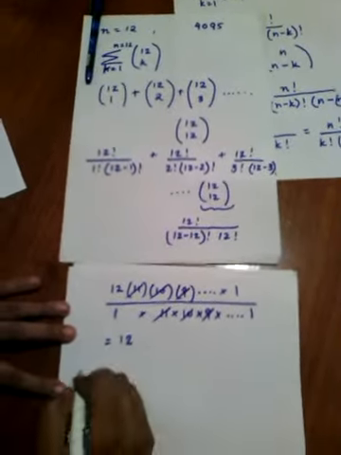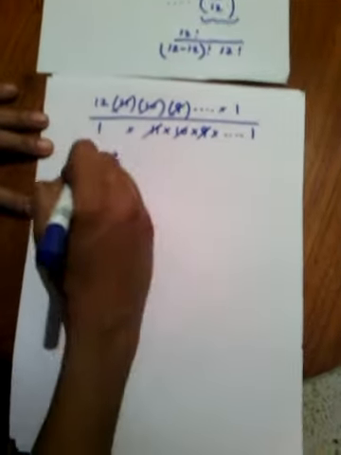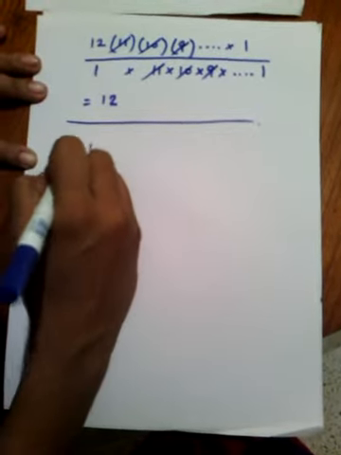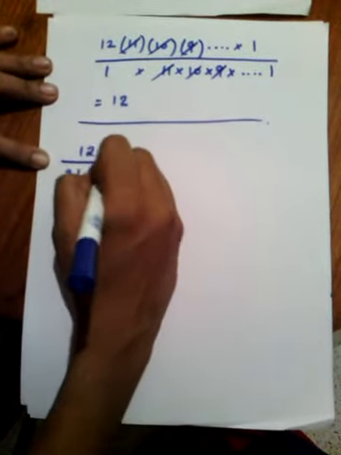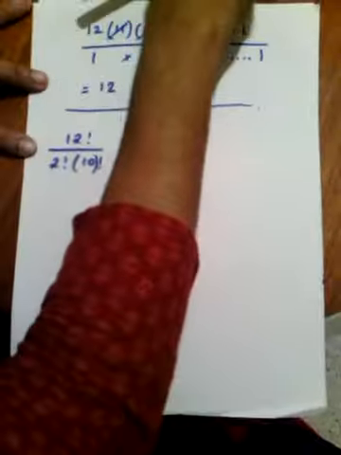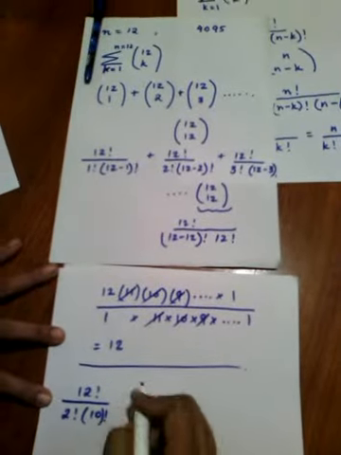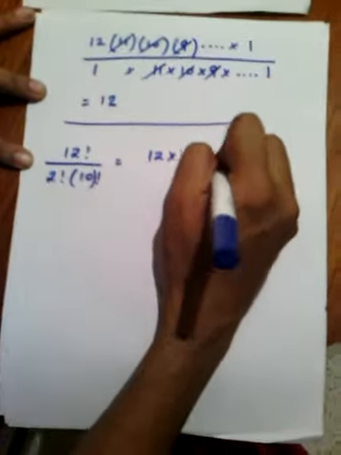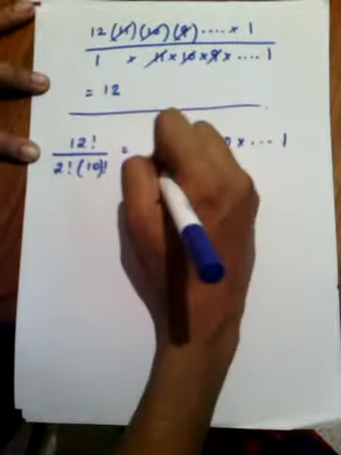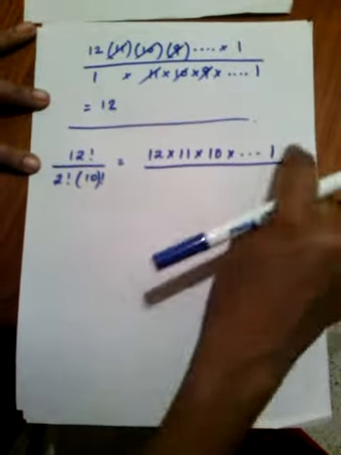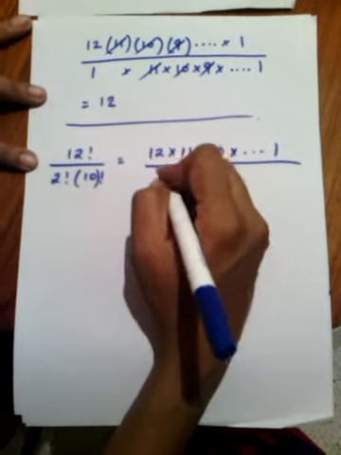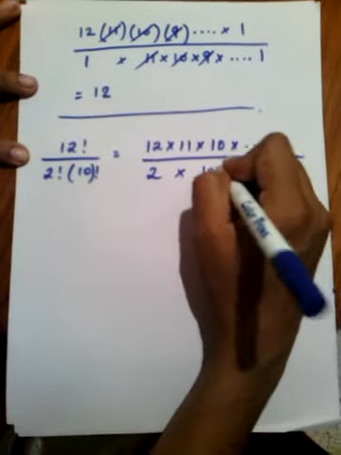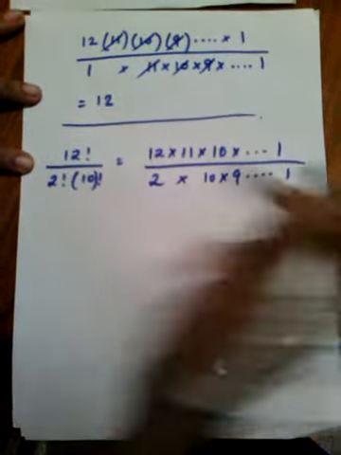So we work out the second term. The second term was factorial 12 divided by factorial 2 times factorial 10, because 12 minus 2 is 10. What would that be? Along the same lines, factorial 12 is 12 times 11 times factorial 10 in the numerator. Factorial 2 is just 2 times 1, so that's 2. And what is factorial 10? It's 10 times 9, etc., all the way to 1.